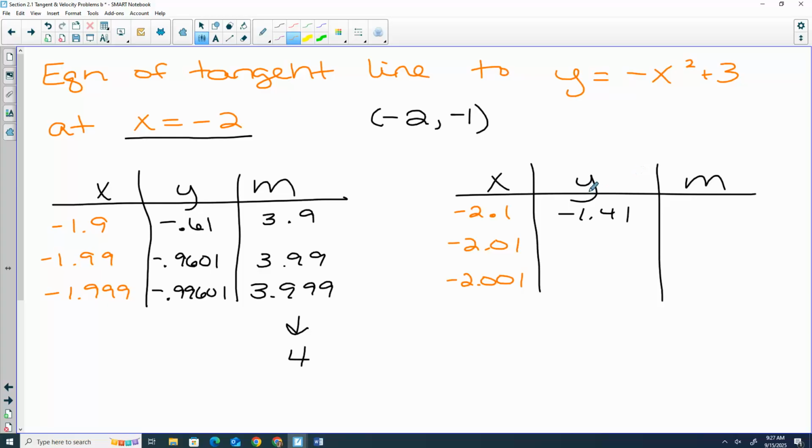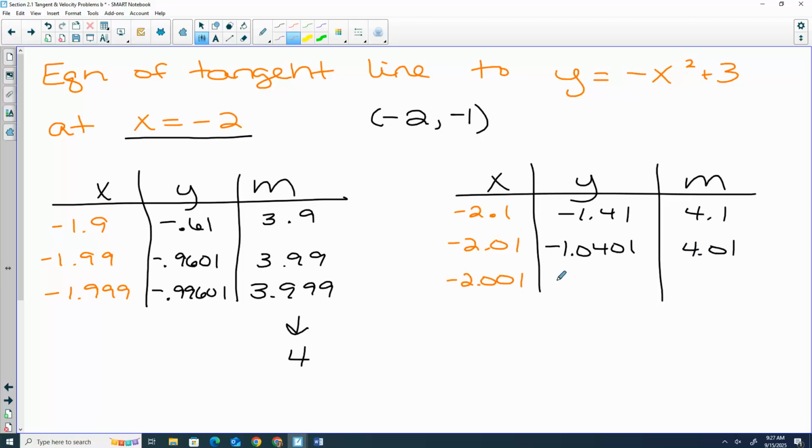And what did you get when you plugged that in? Negative 2.01, what did you get on that one for the y? Negative 1.0401. Okay. Have you done the slope for it? 4.01. Alright.